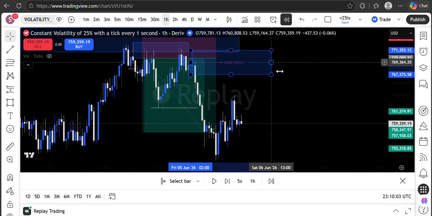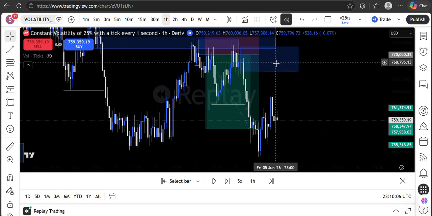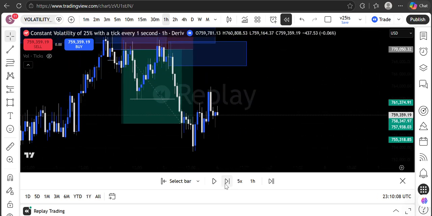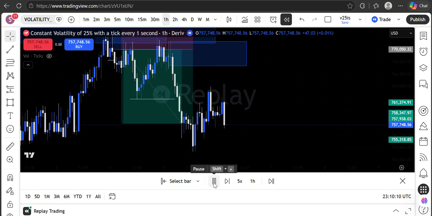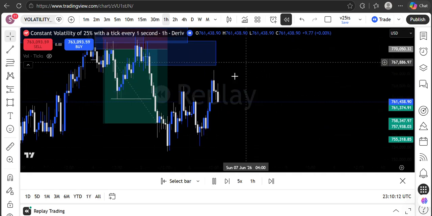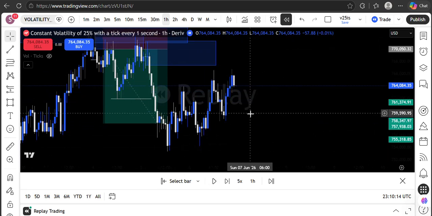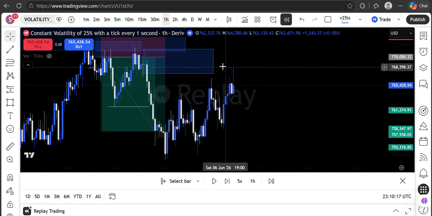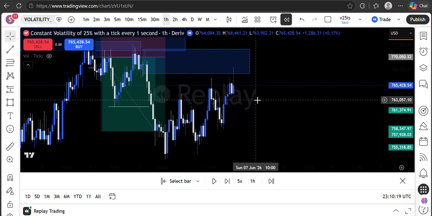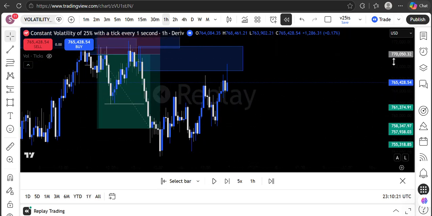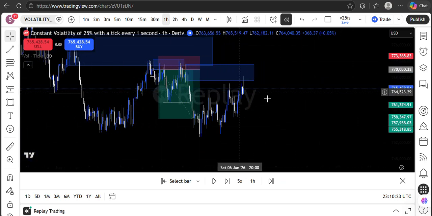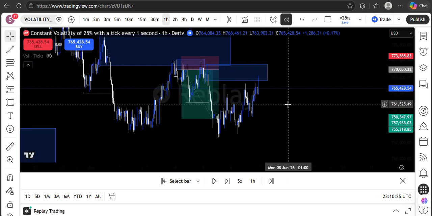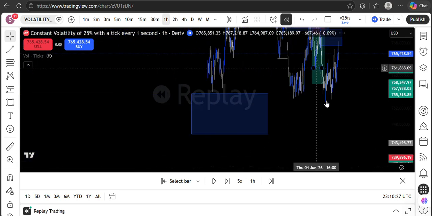So we're waiting for price to get into this zone. Okay, and then we look for our confirmation. So let's play. We waited for price, and price got into that zone. Okay, let's pause. So price has mitigated that zone. So now the next thing we are going to be doing is looking for our confirmation entry.